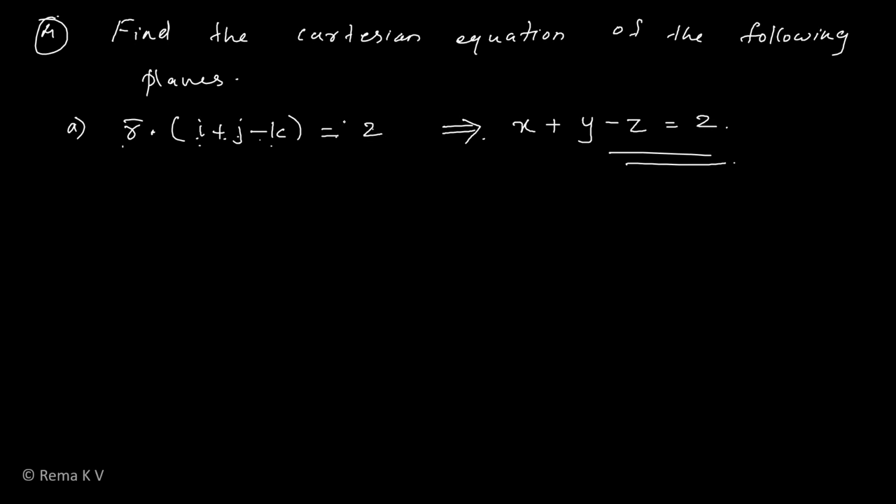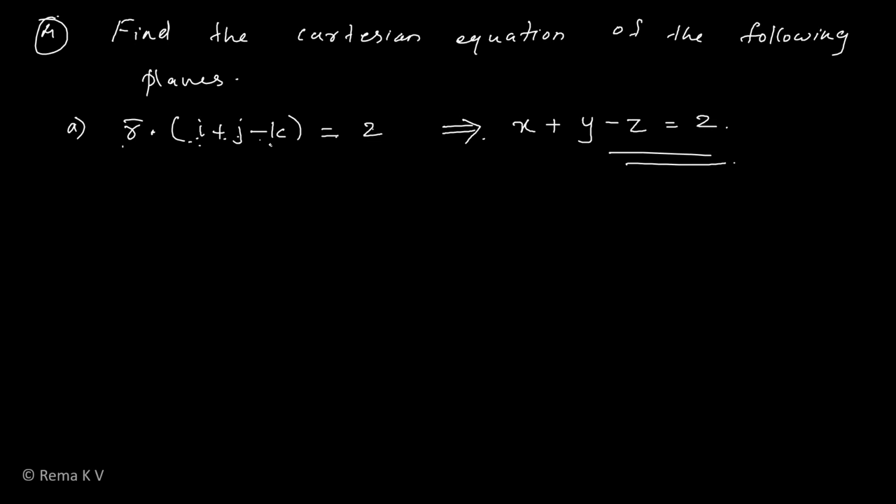Is this 2 the distance from the origin? How can you check it?